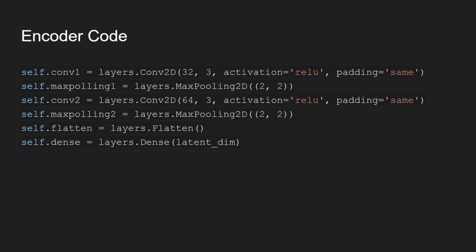If it's 16 by 16, then we will get 8 by 8 from max pooling 2D, and the depth will be 64 because before this max pooling 2D we passed our data to a convolutional layer with 64 filters. Finally we flatten it and pass it to a dense layer, and the number of units of this dense layer will be equal to the latent space variable, which in our case again is going to be 2. So this is how the encoder code will look. Obviously we are going to follow the object oriented approach, and there will be some extra lines of code, but the core of the encoder looks like this.